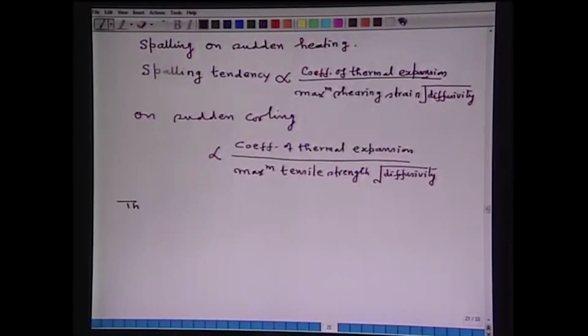Another important property of a refractory is its thermal conductivity. The thermal conductivity of the brick determines the heat loss from the wall to the atmosphere. Increase in porosity will decrease the thermal conductivity, but decreases the strength also.